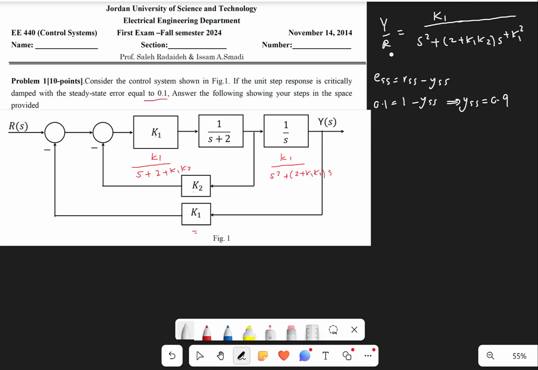Now we know that Y steady state is equal to the DC gain, which is the value of the closed loop transfer function at S equal to 0.